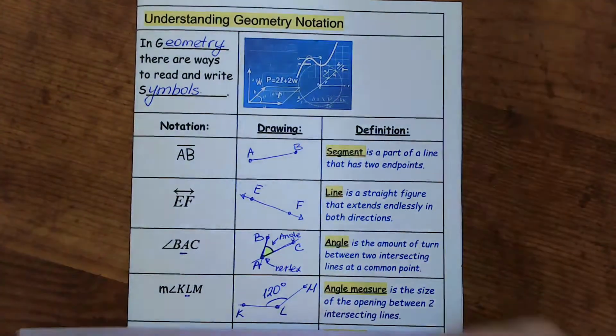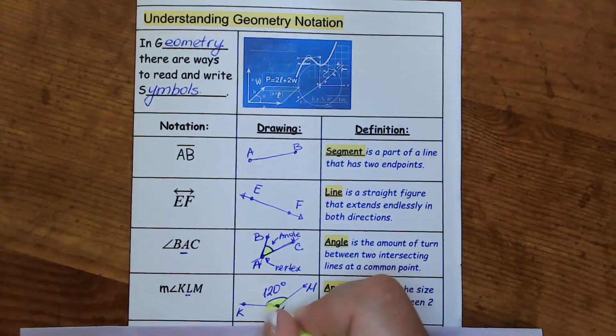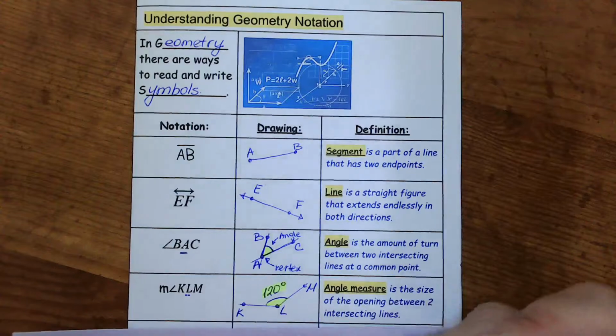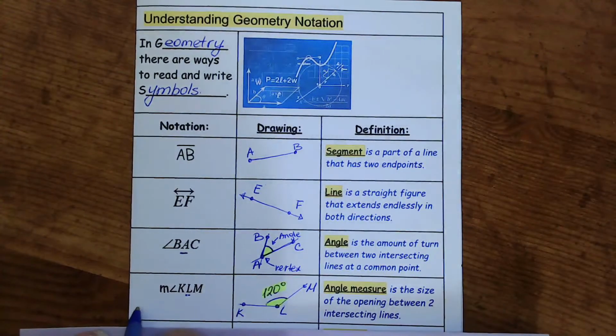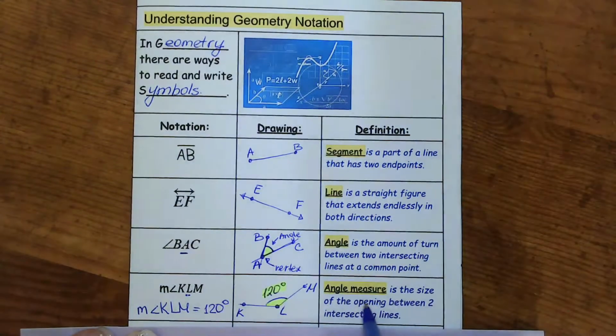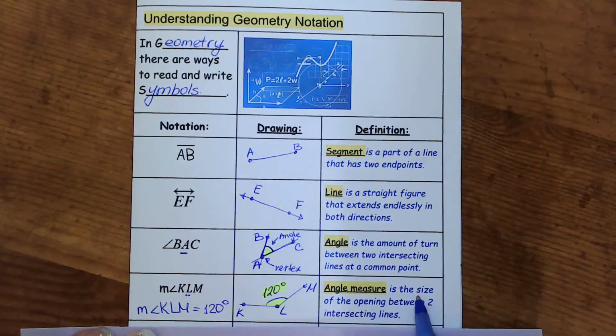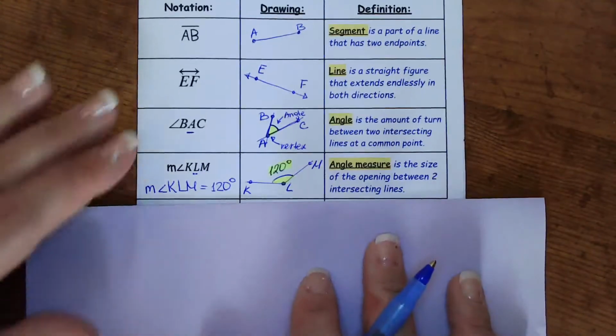So this opening is 120 degrees, so that is the measure of the angle KLM. We would write it like this: the measure of angle KLM is 120 degrees. So the angle measure is the actual size of the opening between the two intersecting lines or segments.